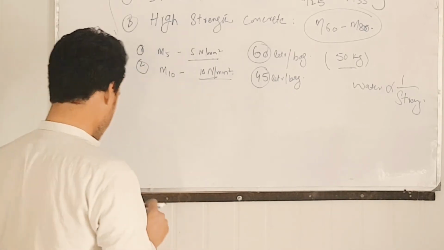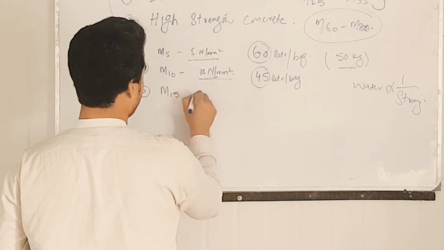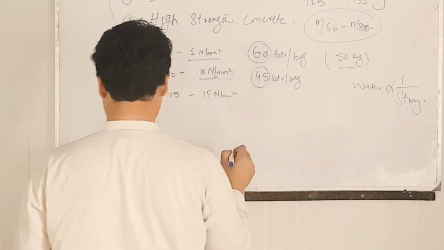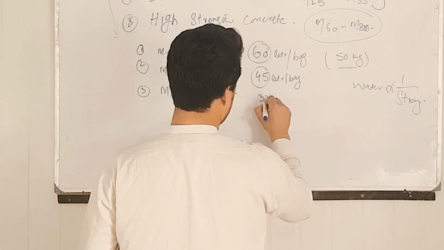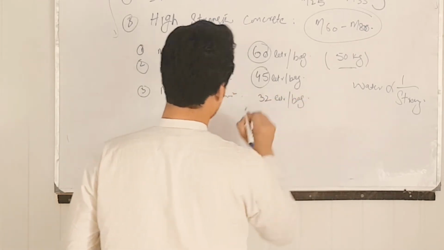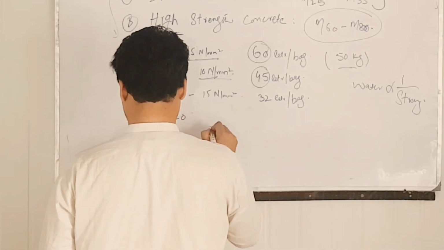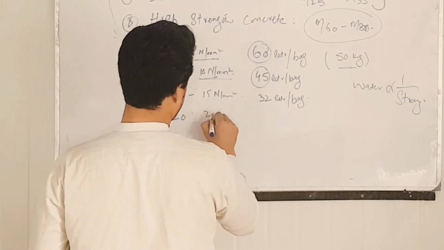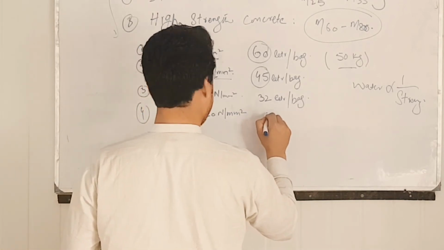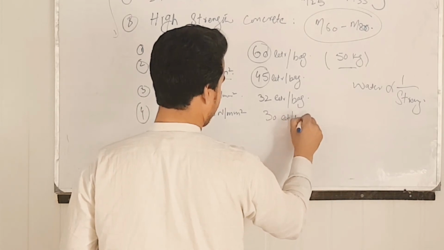Okay, now the third concrete is M15, where the strength is 15 Newton per millimeter square and the water required is 32 liters per bag. The number fourth is M20, and the strength here is 20 Newton per millimeter square and water required is 30 liters per bag.